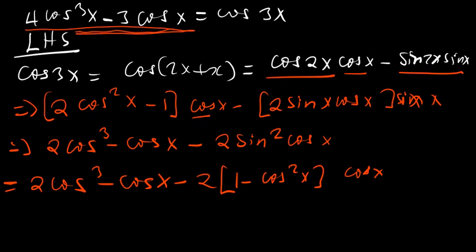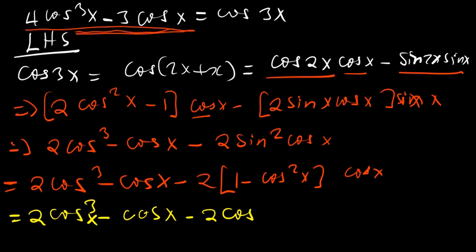Before we open the brackets, we can first multiply it by cos with the things which are in the brackets. But don't you think that this is the same as just 2 cos open brackets 1 minus cos squared x? It's the same thing.